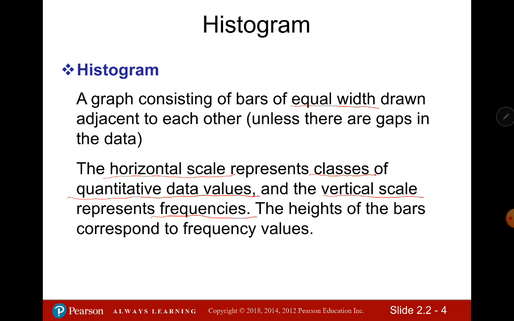Which means we should have a frequency table, then we can use that frequency table to draw our histogram, with the heights of the bars corresponding to the frequency values.